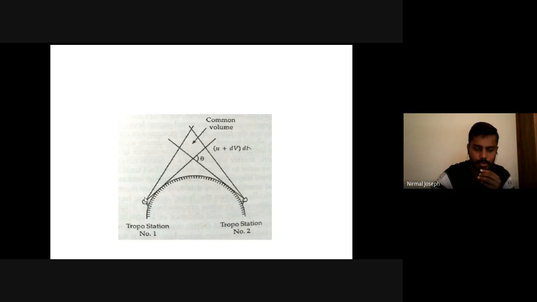Okay, so these two are the main disadvantages. But it is a very reliable form of communication because no one can intercept in between. It is not based exclusively on frequencies.